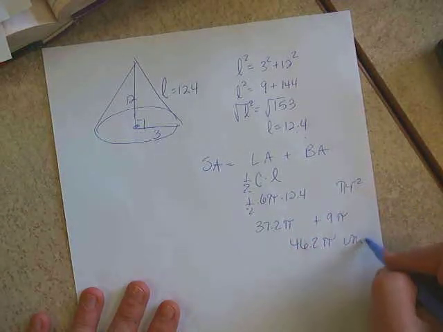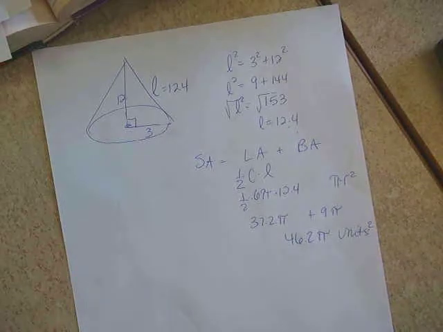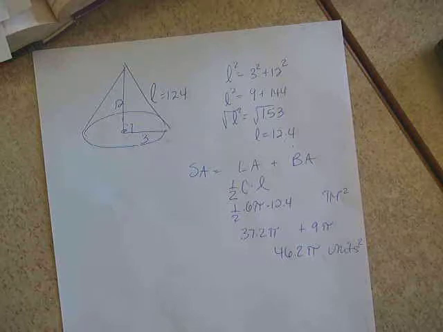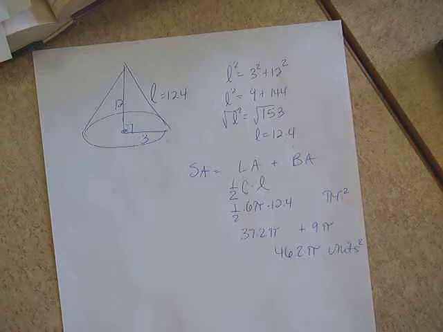Base area, it's pi r squared. 3 squared is 9, so that would be plus 9 pi. 37.2 plus 9 is 46.2 pi. Okay, square units, whatever they are. And that was a create your own.